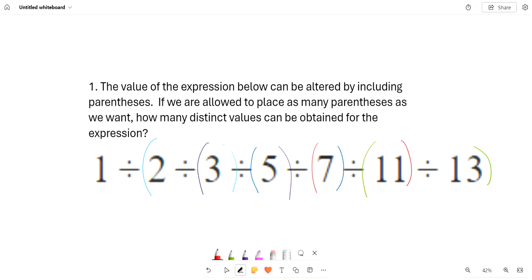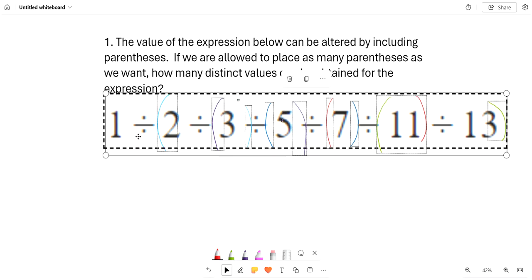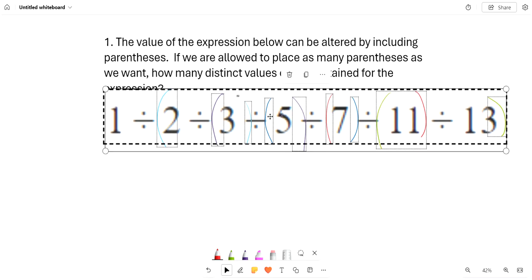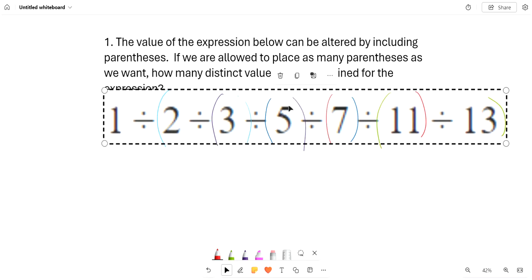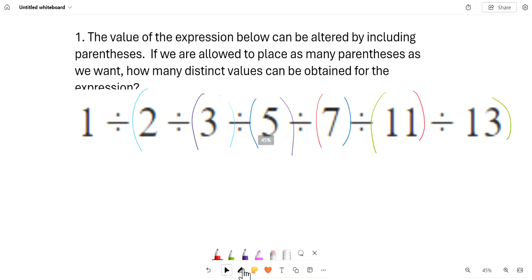So the question conveniently placed all of these as prime numbers, which means that you can't have the same value for every set of parentheses. So for example, let's say that we only included the blue parentheses, these two, and the purple parentheses.